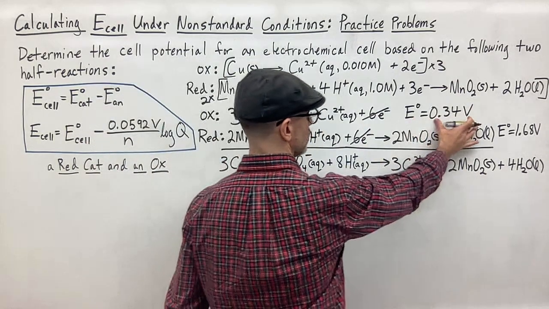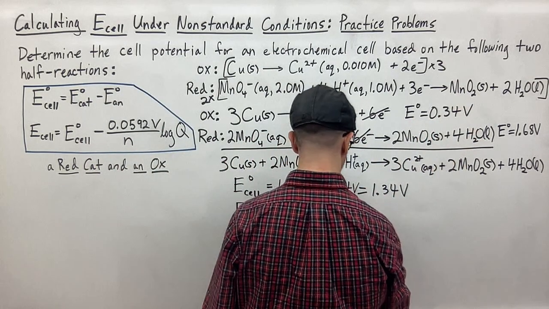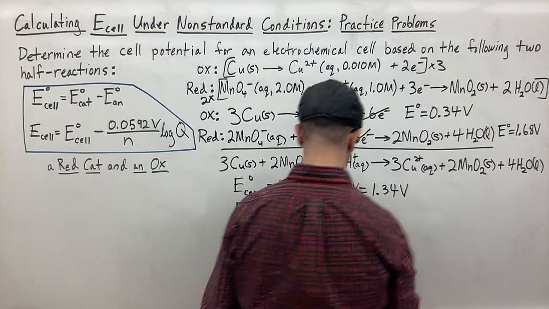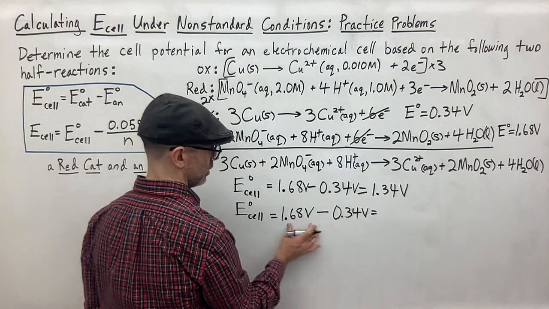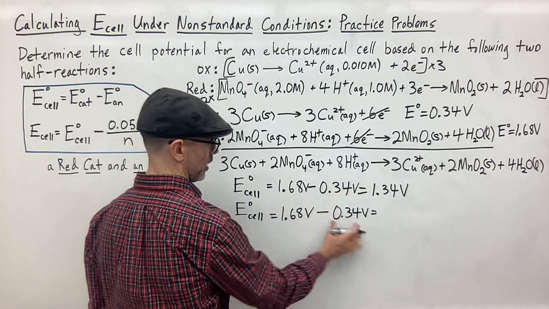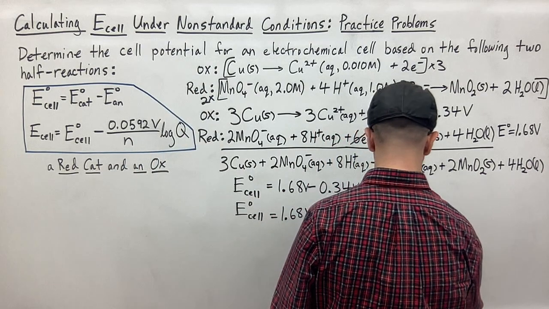So that would be this one. So I'm going to subtract that one, 0.34, it's a positive 0.34 volts. And voila, I get the same thing here and here. So it ends up being the same calculation.